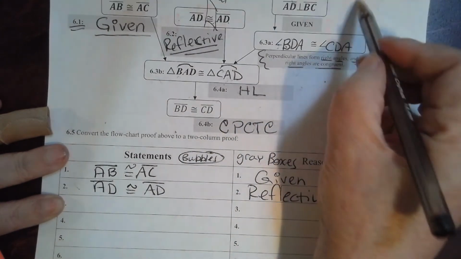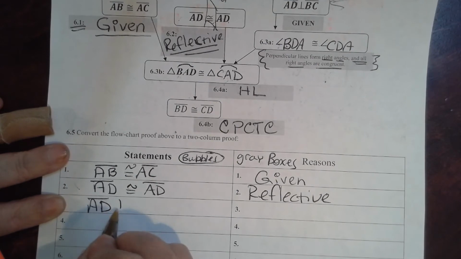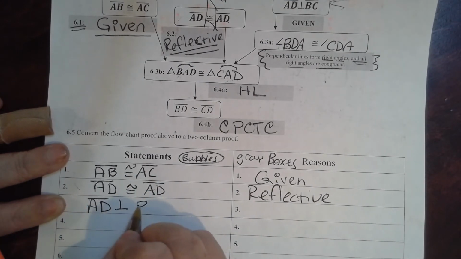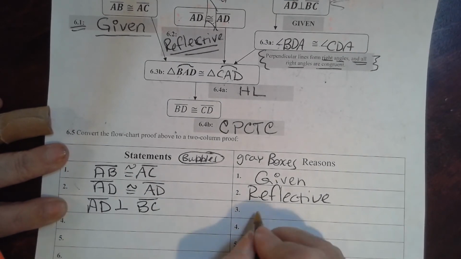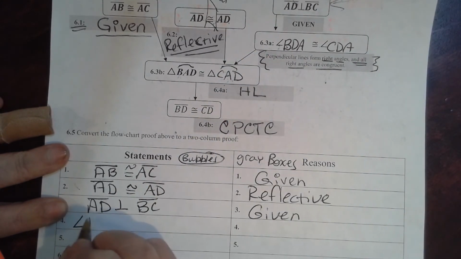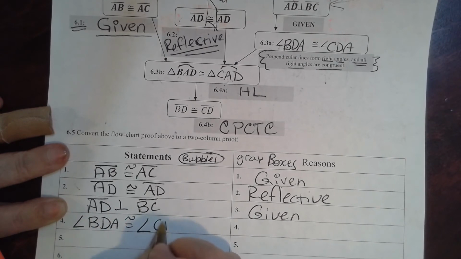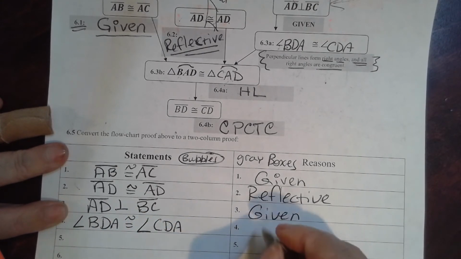So we need to kind of go back to this. So AD is perpendicular to BC. That was given. And that led us to this statement that BDA was congruent to CDA.